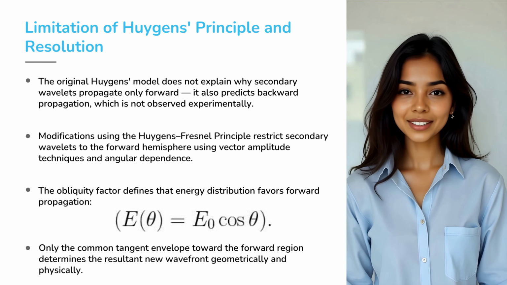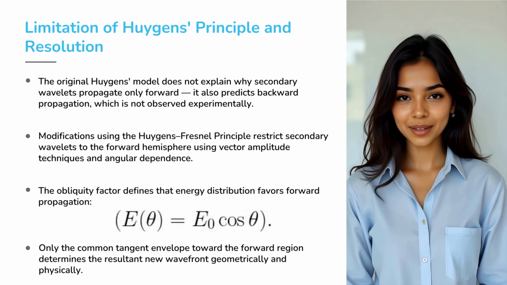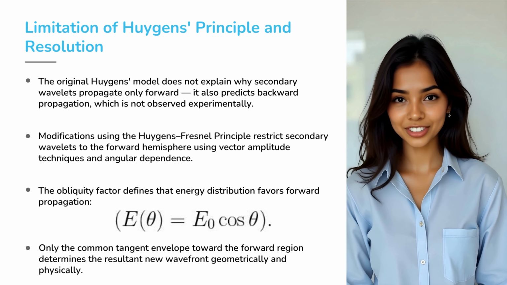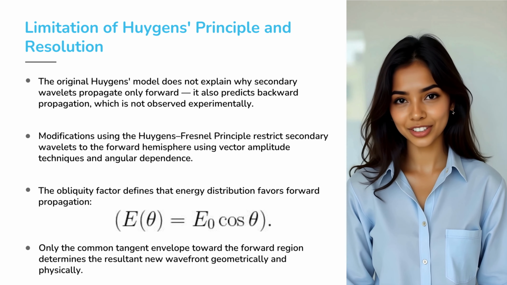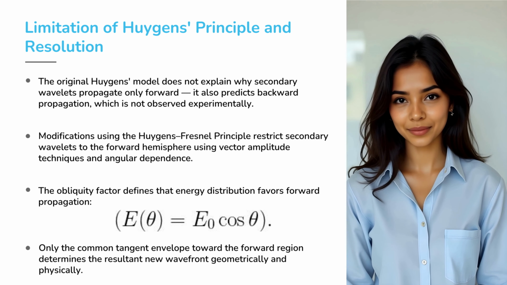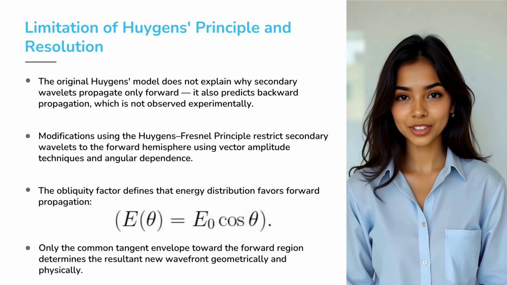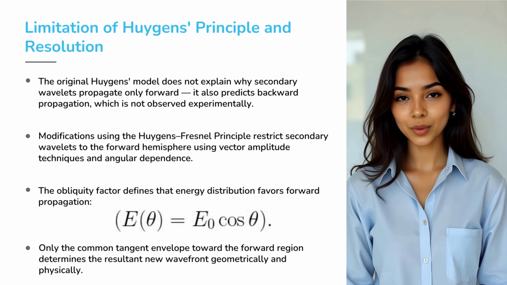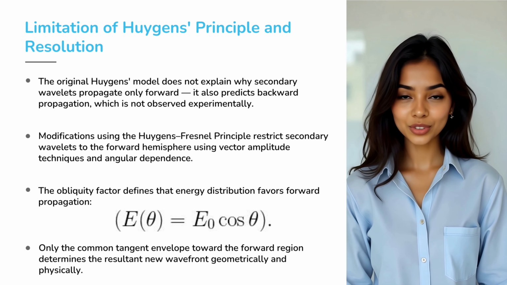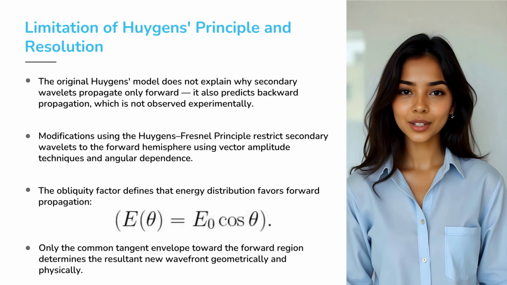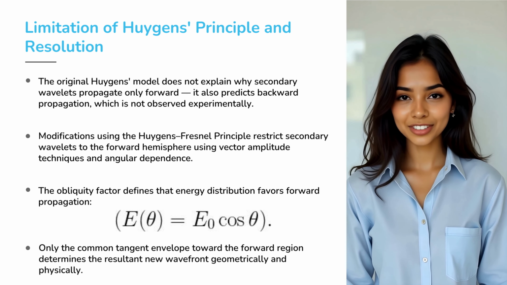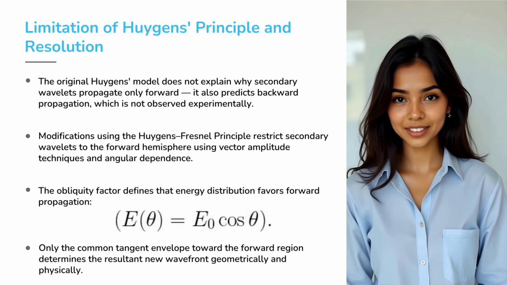To fix this, scientists like Fresnel stepped in with the Huygens-Fresnel principle, which cleverly restricts those secondary wavelets to just the forward hemisphere. They introduced something called the obliquity factor, which is basically a way to weight the wavelets so energy flows mostly forward. Think of it like a flashlight beam. It's brightest straight ahead and fades off toward the sides and behind.